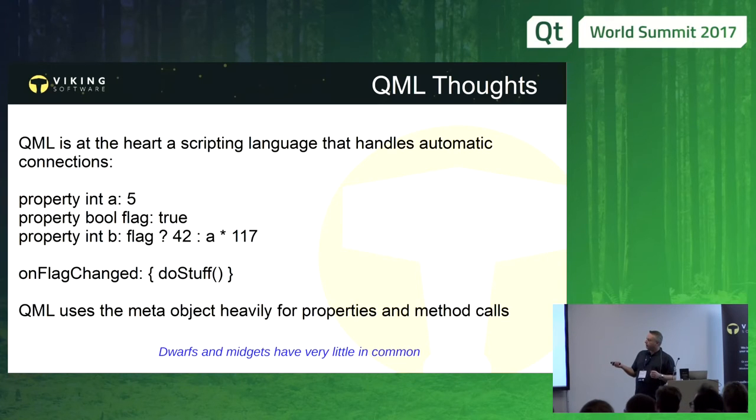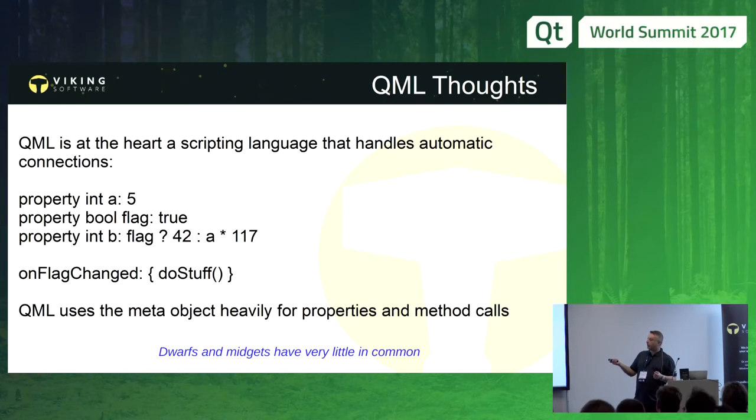And here you say B is now, whenever flag is true, then the value of B is 42. When flag is false, then it is whatever is inside A at any given time times 117. So if the flag is false, it says this.